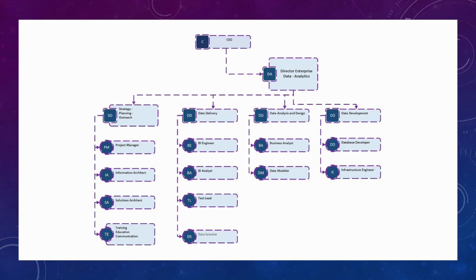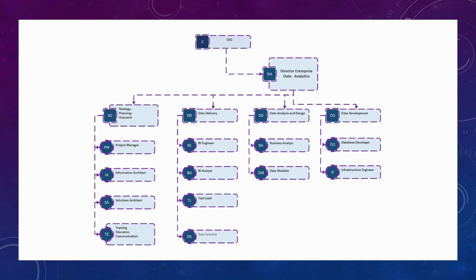And here, strategic planning will have a project manager, who is going to set up the whole project and do the follow-up. Then we're going to need an information architect and a solution architect. And finally, we have to implement the training, education, and communication for the internal group.